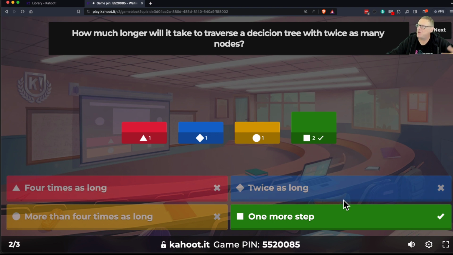Each step doubles the number of nodes. So that's the point of the logarithm. If you double the size of the tree, you only have to add one more step. That's what expanding with the logarithm is. That's why it's very favorable. That means it scales very well. If you make the number of nodes larger, the increased amount of time to use the decision tree does not go up hardly at all.